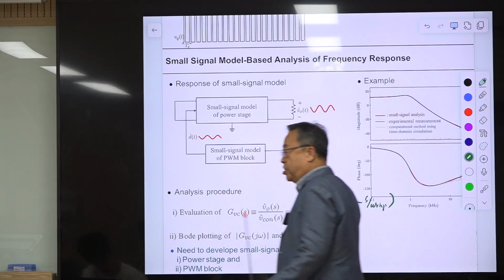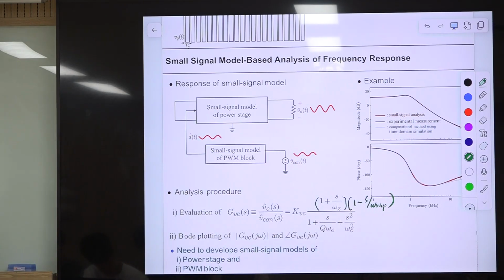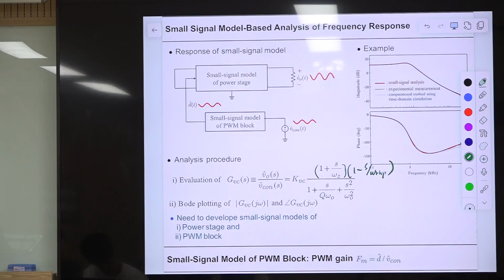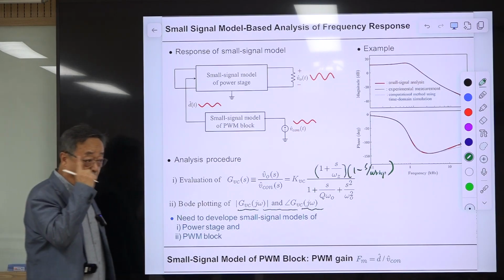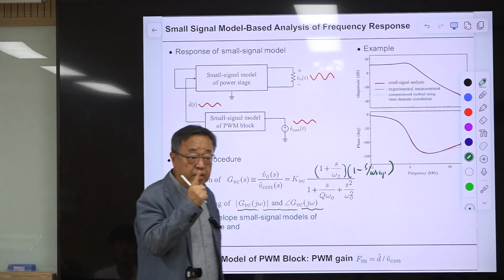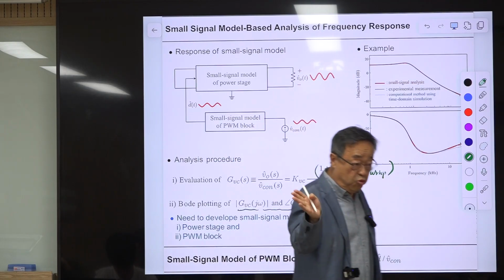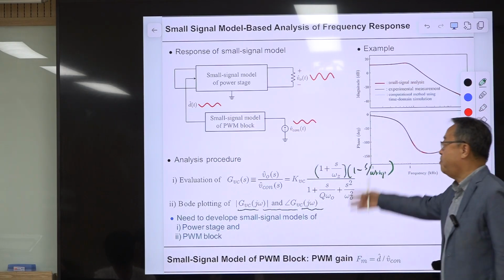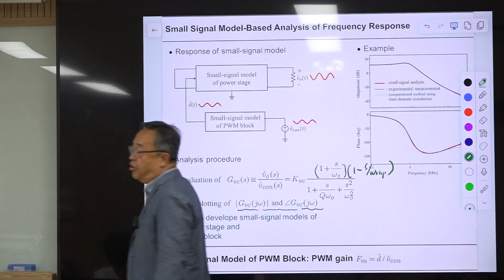With this, you can draw the Bode plot of this one. This is the frequency response of your converter at a given point, under the assumption you are not moving much away from the given point. Then this is a very close approximation.